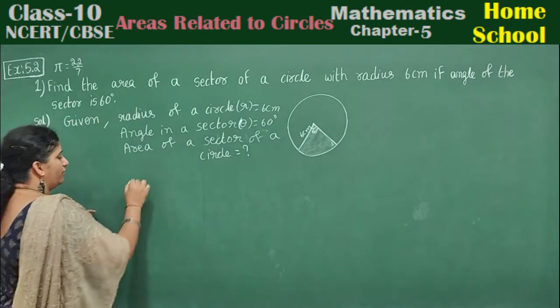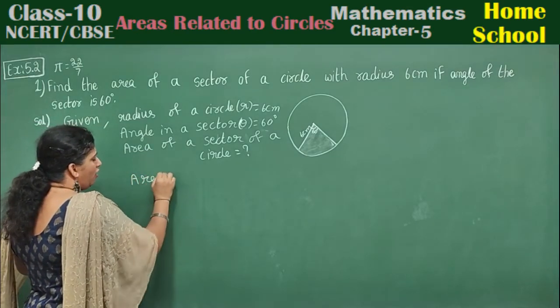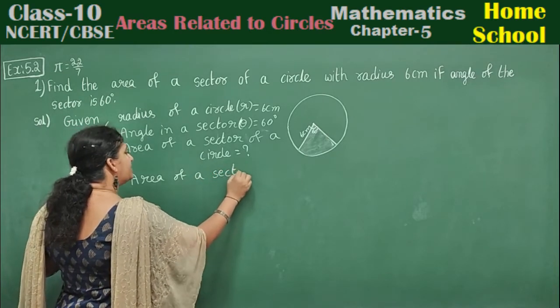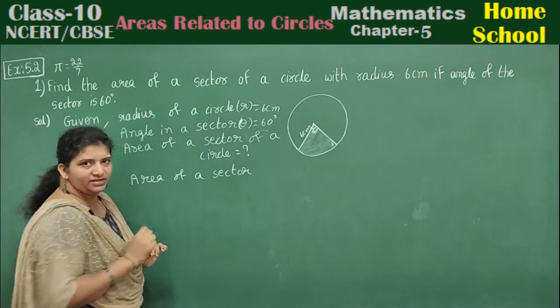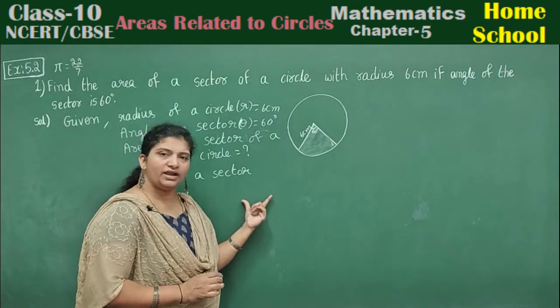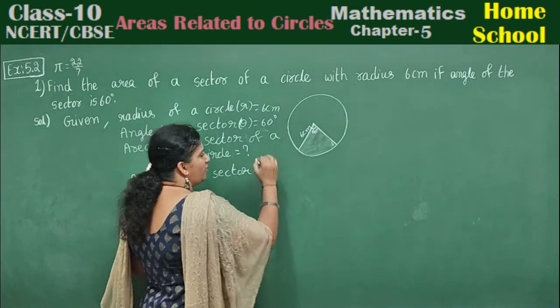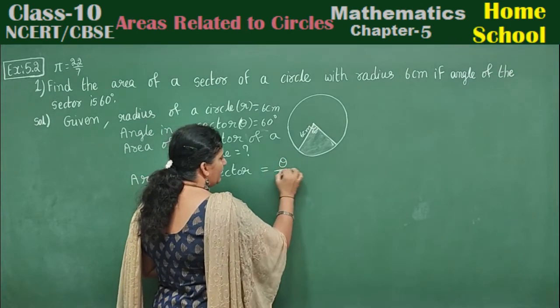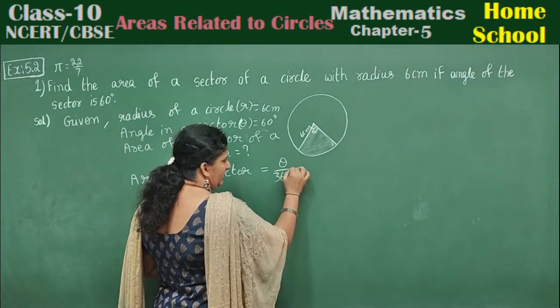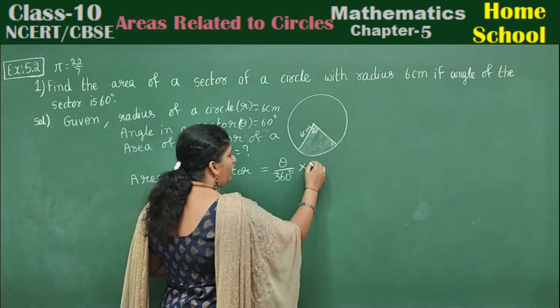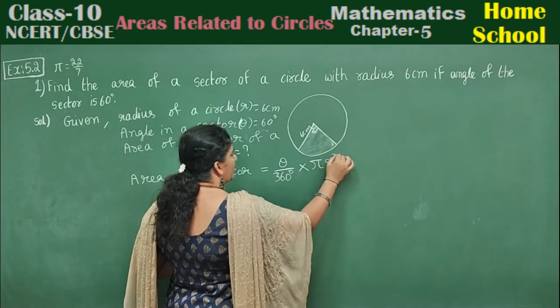We know the formula. Area of a sector. Which sector is it, children? Minor sector. If you want, you can write minor sector or you can just write sector. What is the formula? Theta by 360 degrees into pi r square.